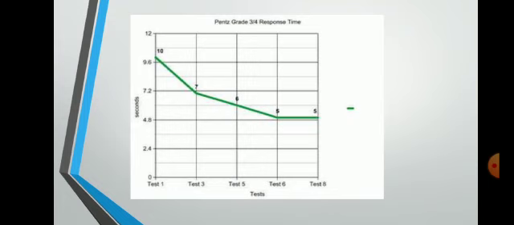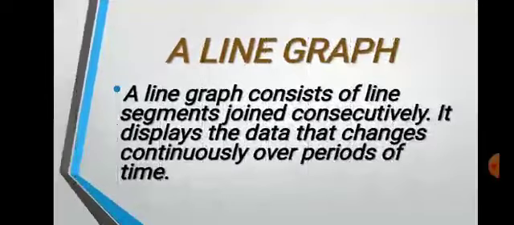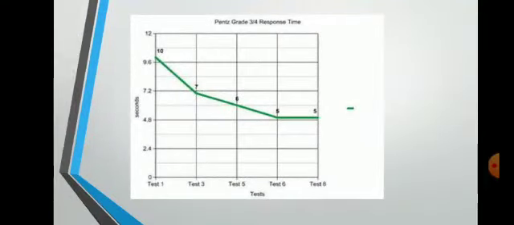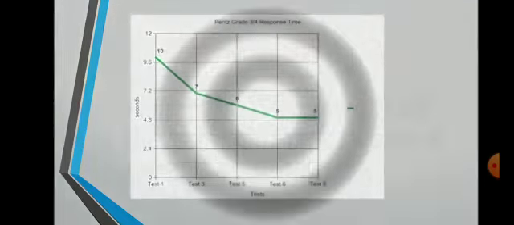So you can see it represents the data in a graph. That's why it is called a line graph, because a line graph consists of line segments joined consecutively, and it displays the data that changes continuously over periods of time.